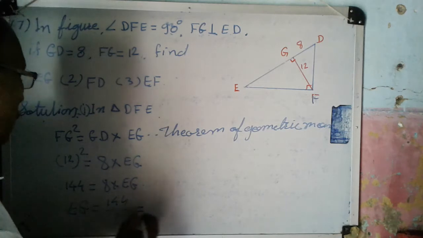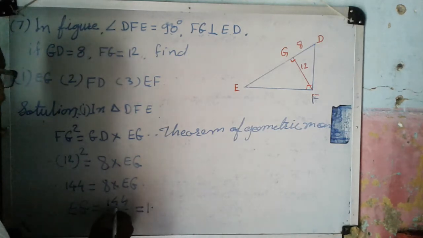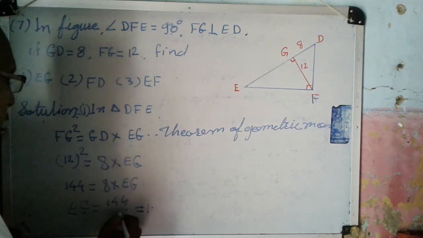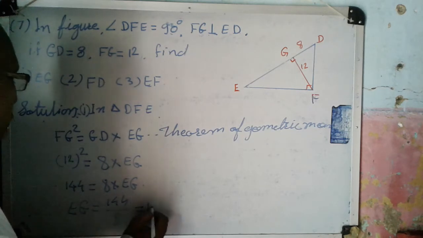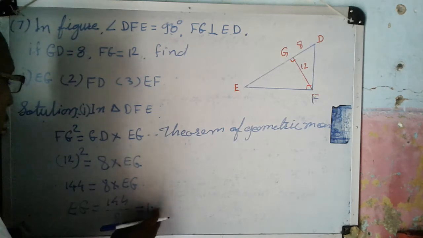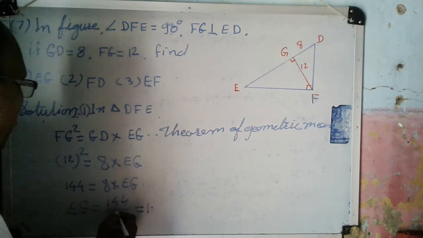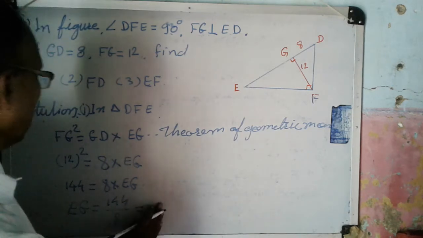Is equal to, 8 ones are 8, and we'll get this in fraction. So here 8 ones are 8, we get 6, 8 8s are 16 like this.